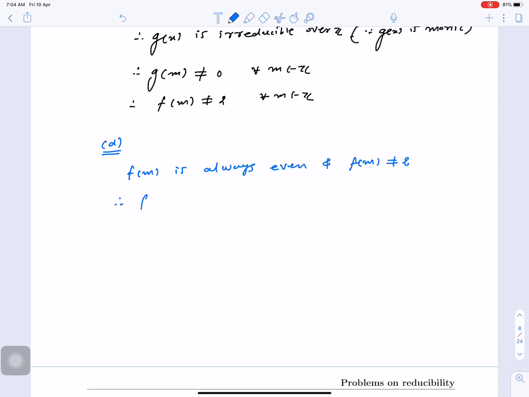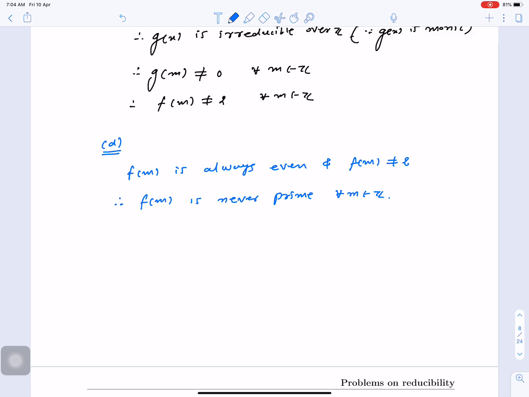So therefore f(m) is never prime for all m belongs to Z, because if you consider any prime other than 2, then it is always odd, and f(m) is always even. So f(m) is never an odd prime.